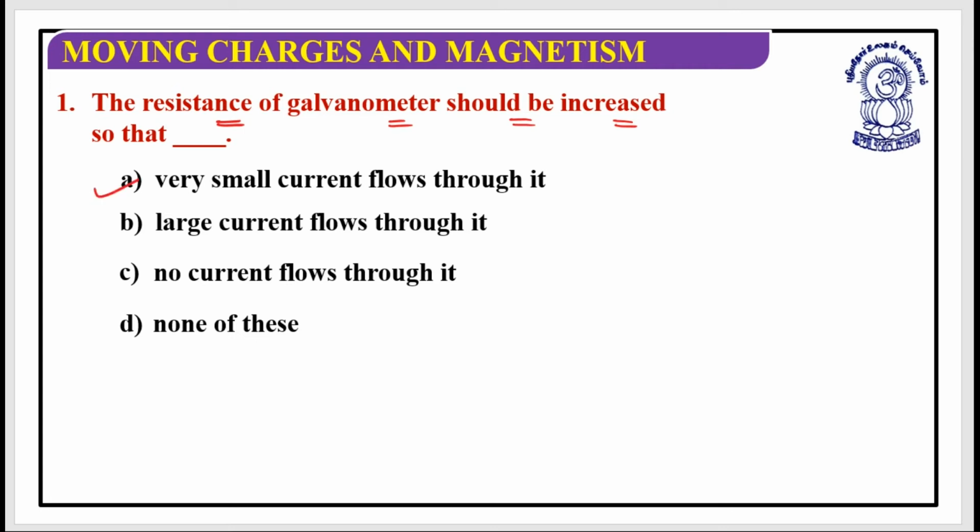Yes, so that a very small current can flow through it, because if a larger amount of current flows through the galvanometer, it will damage the galvanometer. So what I want is a smaller amount of current to pass, and that is only achievable if a higher resistance is connected in series with the galvanometer. I hope this is clear.